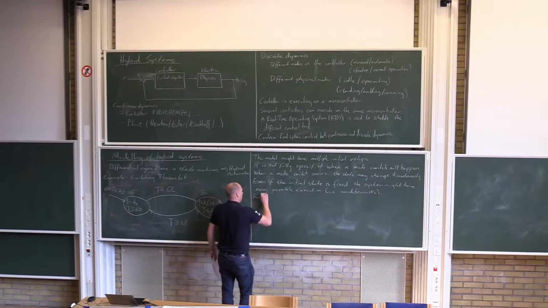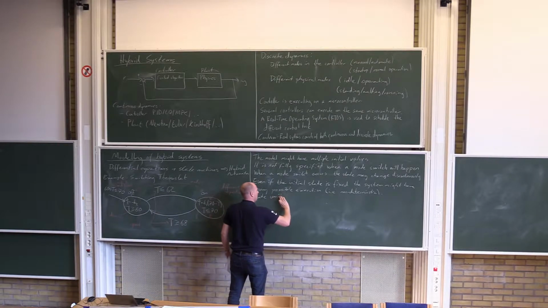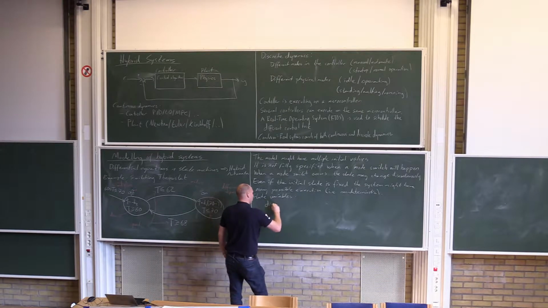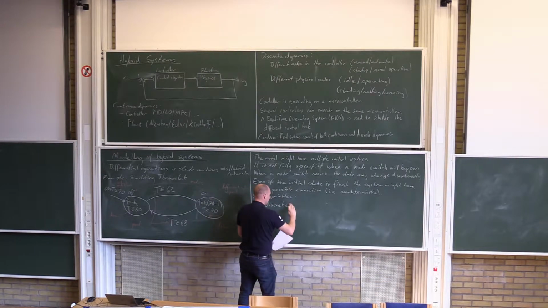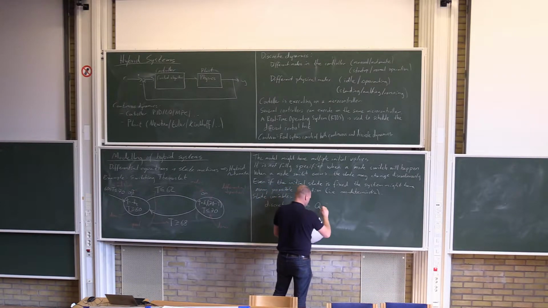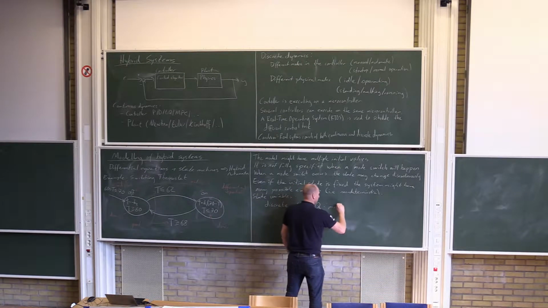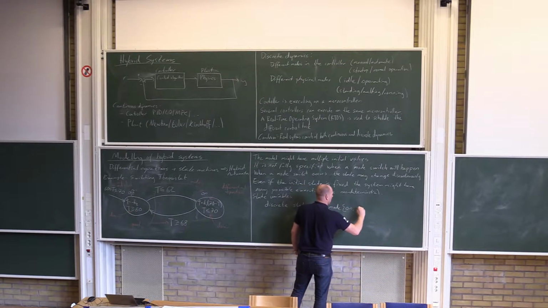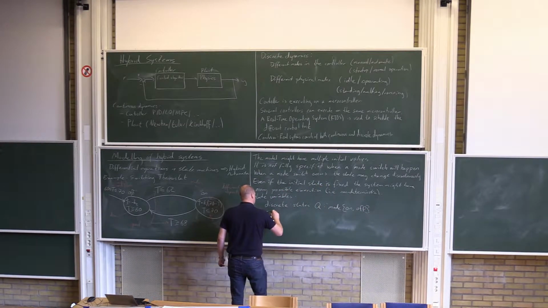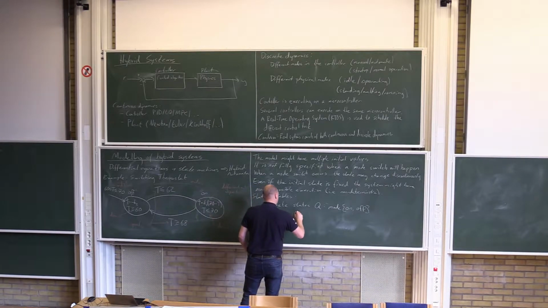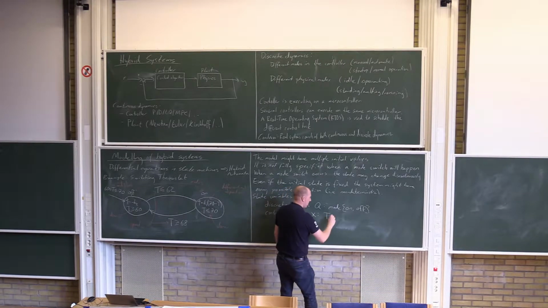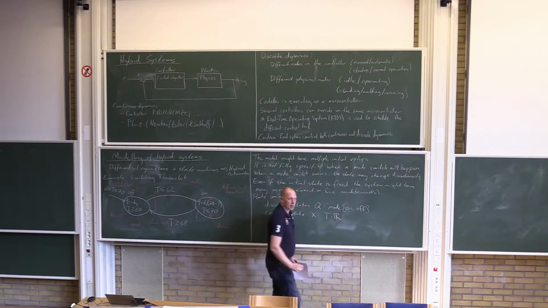So the state variables: the discrete states, you can call them Q. It's a mode, and in this case it can be on or off. And we have the continuous states, X, that in this case was the temperature, and it's basically a real variable.